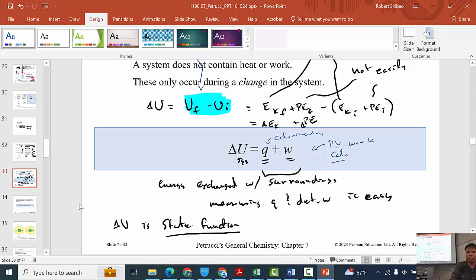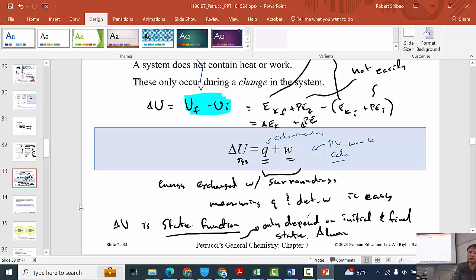State functions only depend on the initial and the final state, and so it'll always be the same.